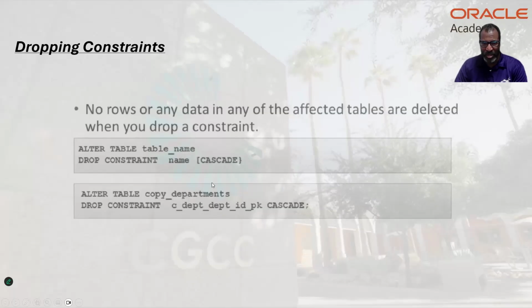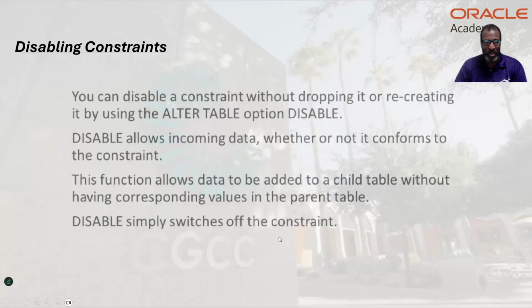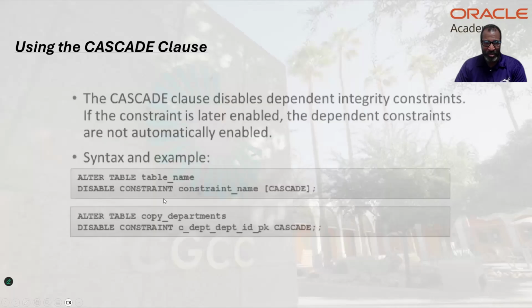And then cascade, basically to ensure that you're not impacting things. The cascade clause disables the dependency. So that's why you simply use cascade when you're dropping a constraint.